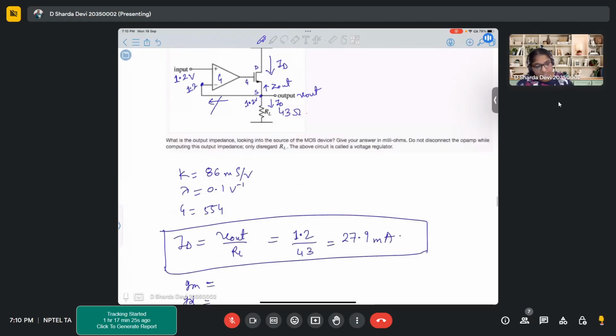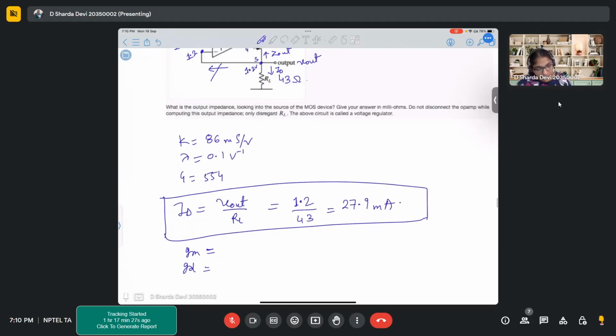So let's find out GM for the given transistor. How do you find GM? It is 2 root of K into ID, right? So it is 2 into root of 86 millisiemens per volt into ID, which is 27.9 milliamperes. So it will give you 97.96 millisiemens.